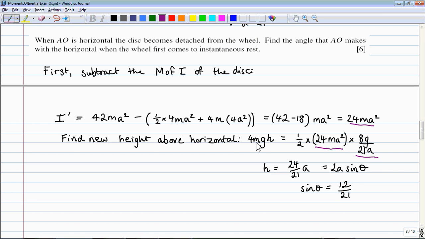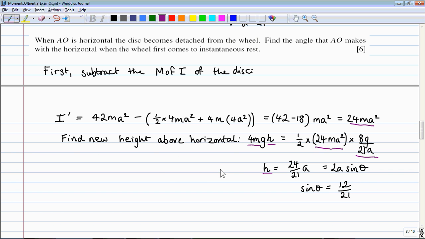If we equate that to the mass of the ring plus the rods times g times h, the h we get will be 24 over 21a.